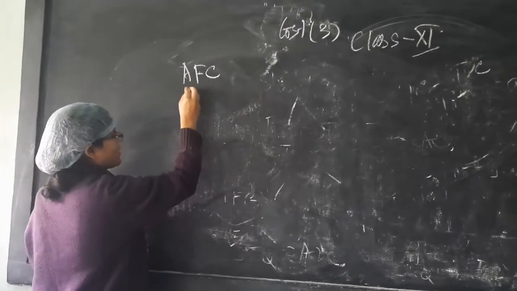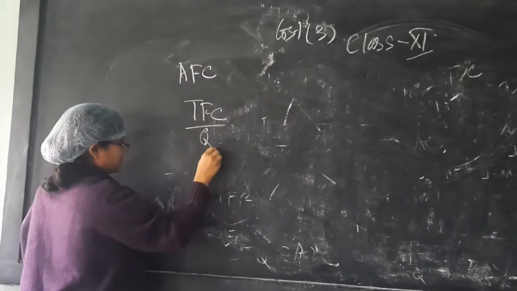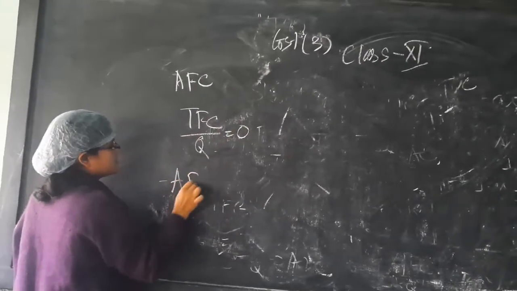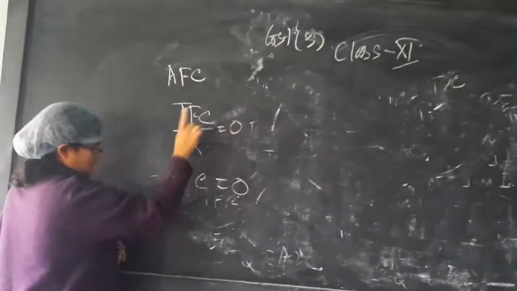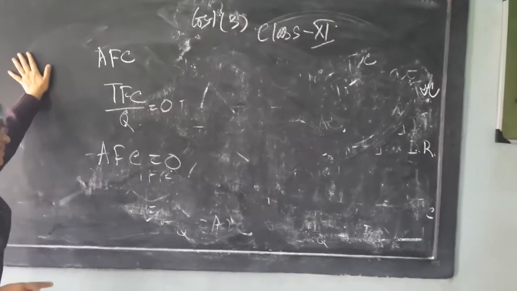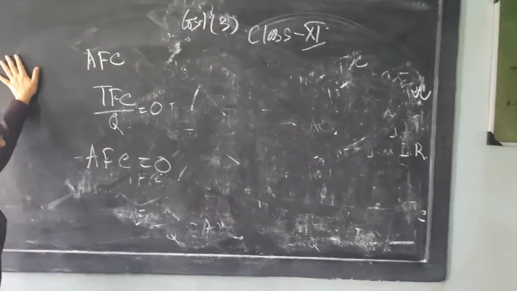If TFC by Q is to be 0, then either TFC or Q has to be 0.